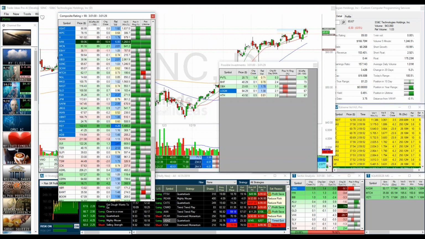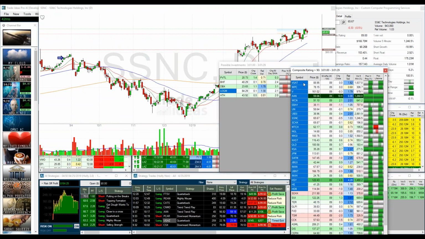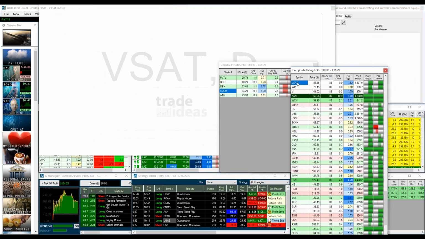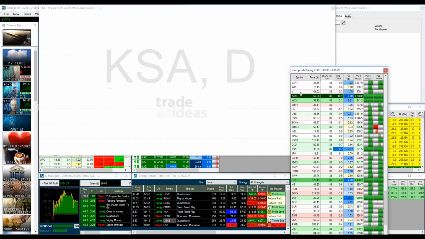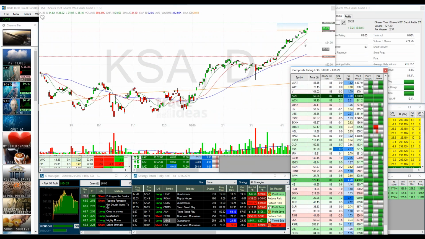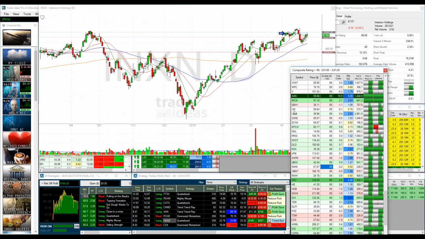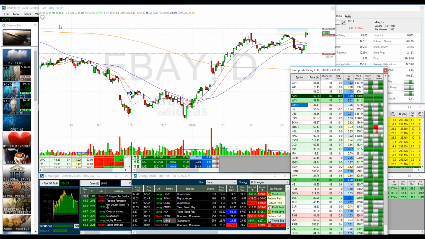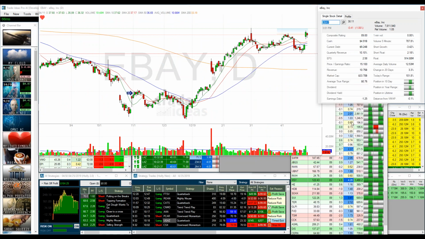My like symbols. What Waleed's talking about, and I'm glad you reminded me, you can click on these, like this VSAT right here, and just go ahead and heart it. Every time you see something, this is the method you can use, you can heart it. Just go through and heart these things, and then you can point this to my like symbols.